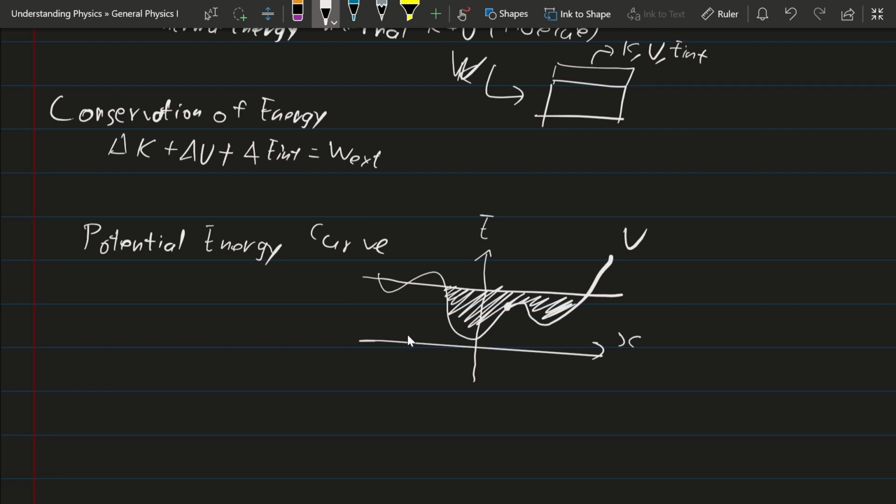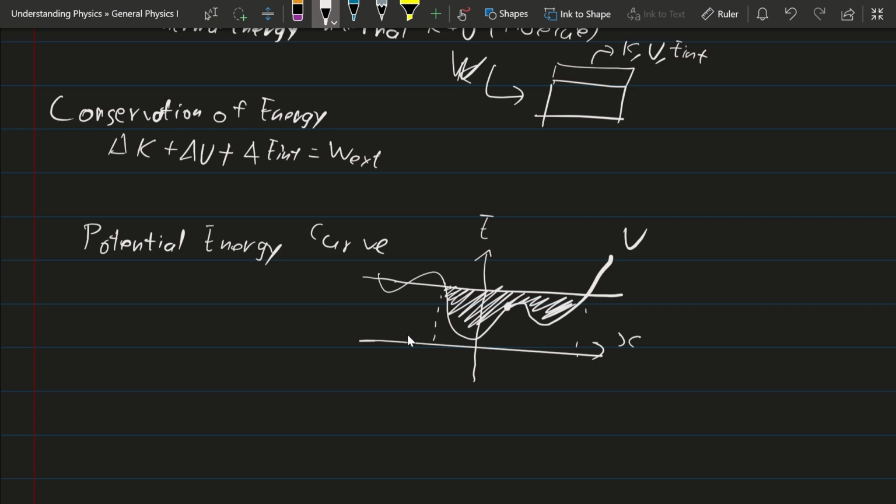No matter what you do to the system, as long as you have that amount of energy, your object should be in between these lines. But this is not true if you are talking about quantum mechanics, in which it could hop between these wells. This is one of the interesting things that we will later discuss in quantum physics. But for now, let's just discuss this inside Newtonian physics.